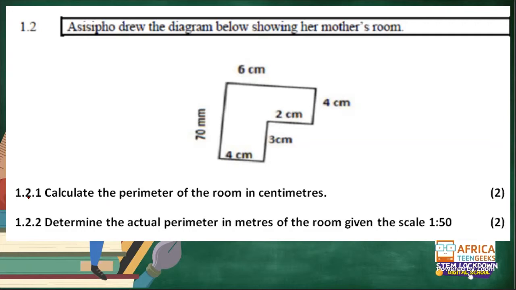Okay, 1.2.1. Calculate the perimeter of the room in centimeters. If you see 2 marks, try to do the sum in 2 minutes in the exam. So I'll give you 2 minutes for this one. Please start working on it, and when you're done, just write your answer in the chat above.